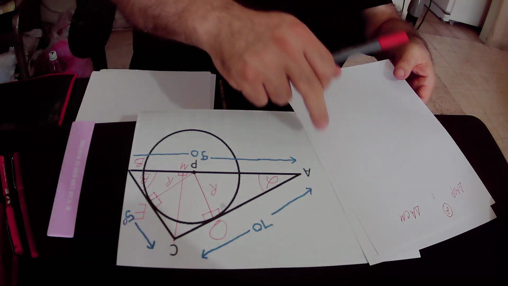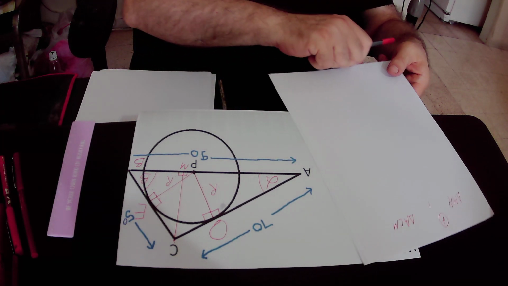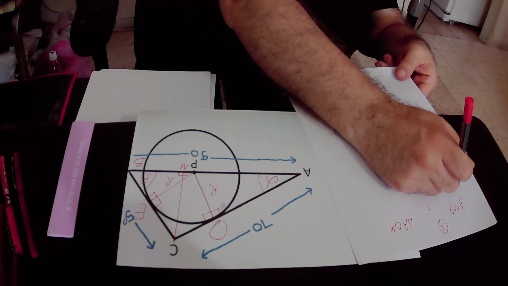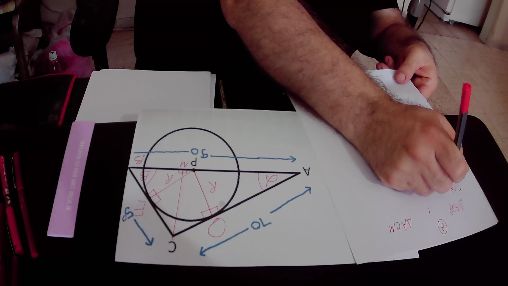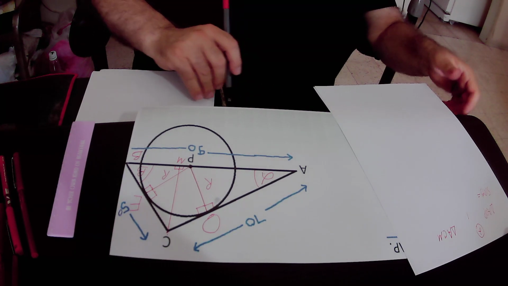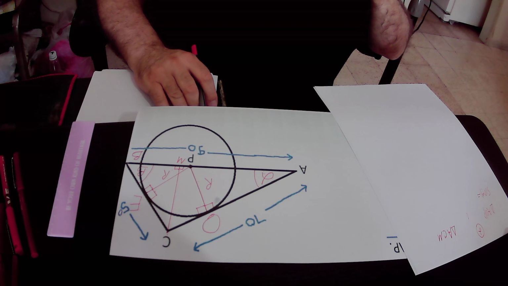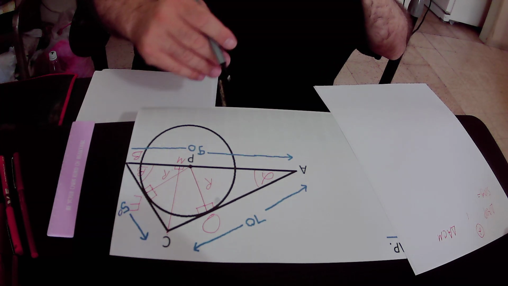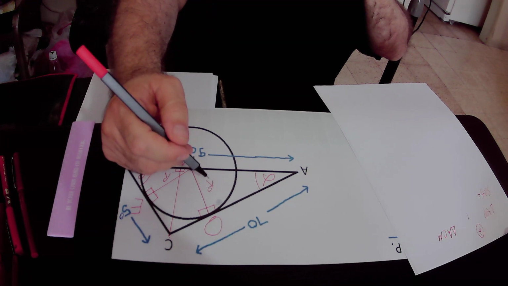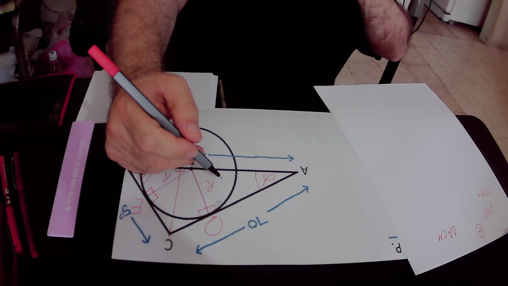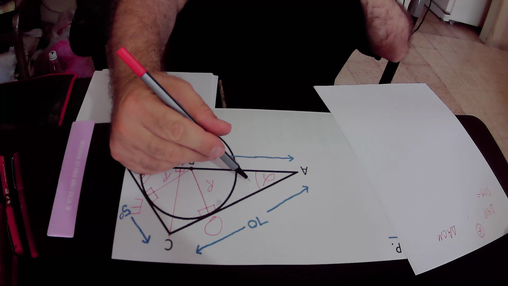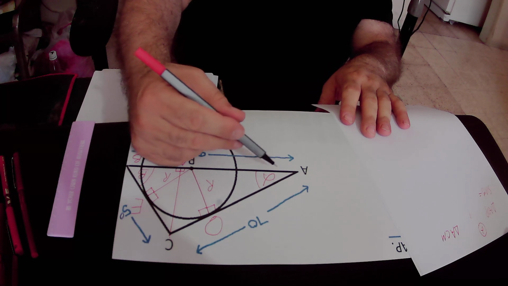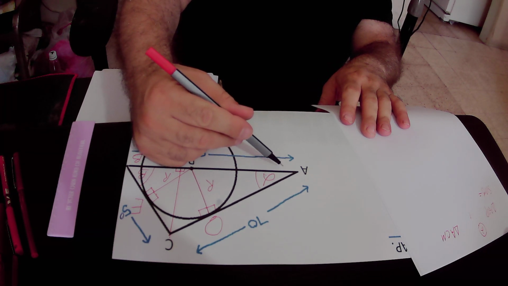So in triangle AOP, sinus alpha is defined as the ratio between the side of the triangle that is in front of angle alpha divided by the hypotenuse of the triangle.